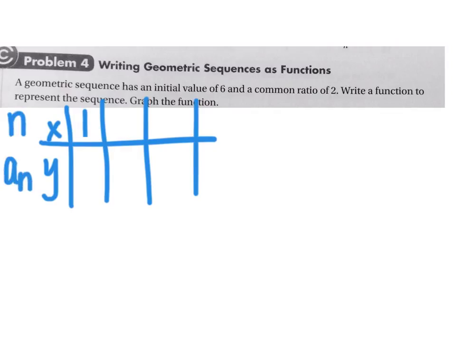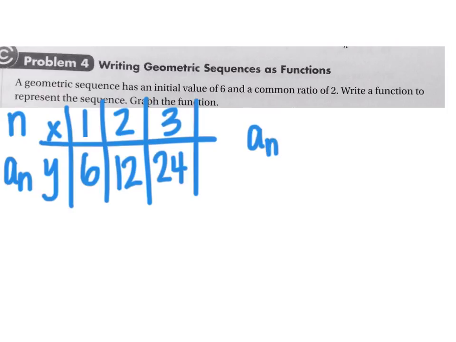So this means that this is going to be my number of term, and this one's going to be my term itself. So my first term, if it has the initial term of 6, is 6. If I'm multiplying by 2 every time, my second term is going to be 12, and my third term is going to be 24. So if I had to write the explicit formula for this geometric sequence, remember, a sub n equals a sub 1 times r to the n minus 1.